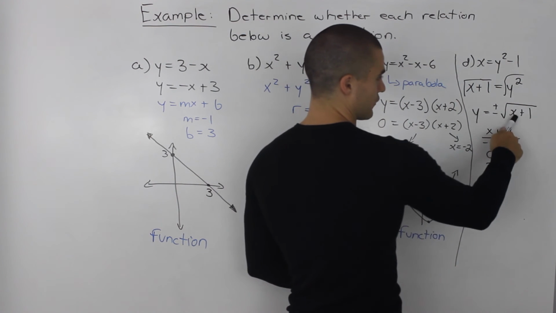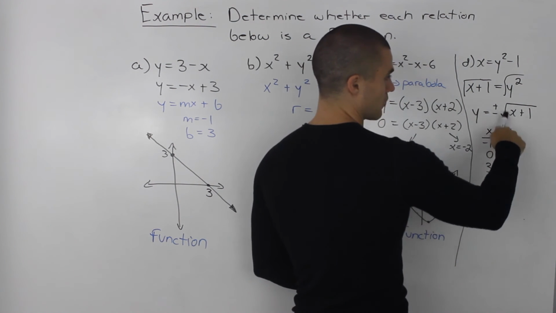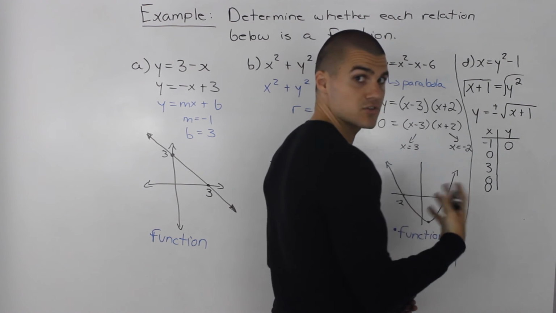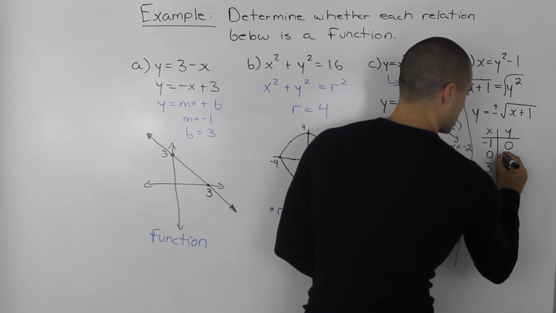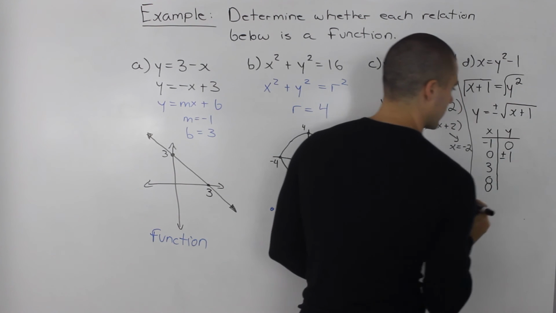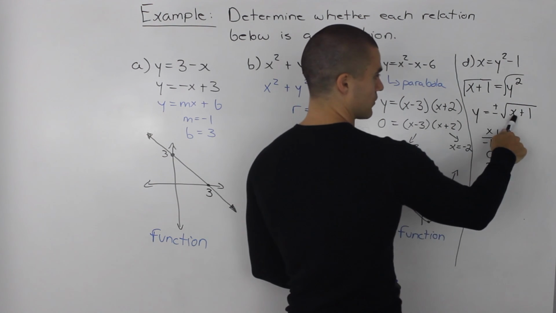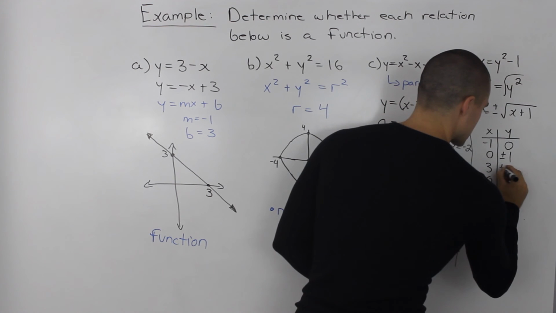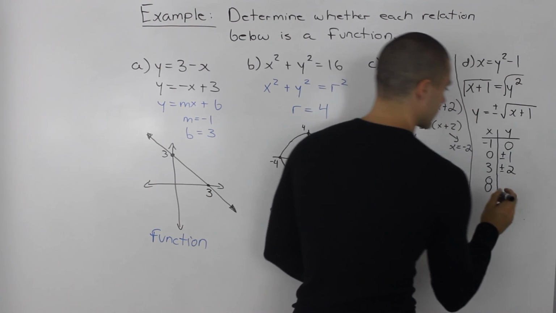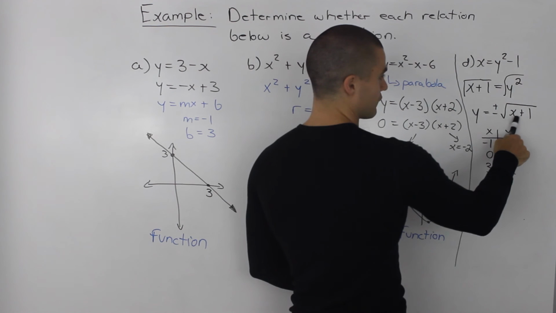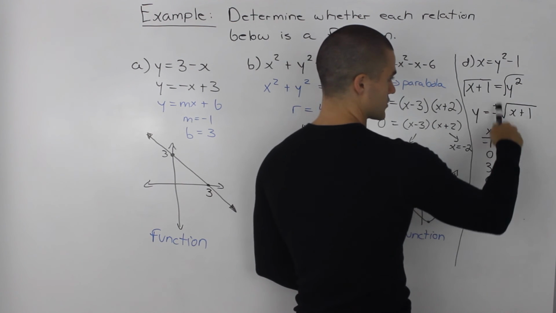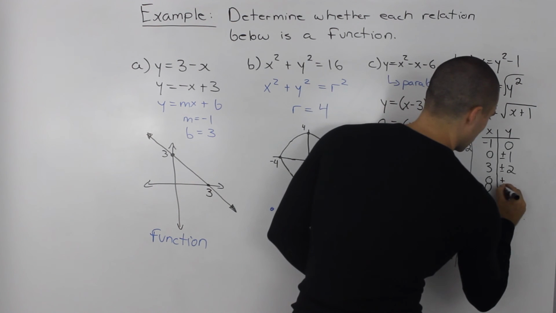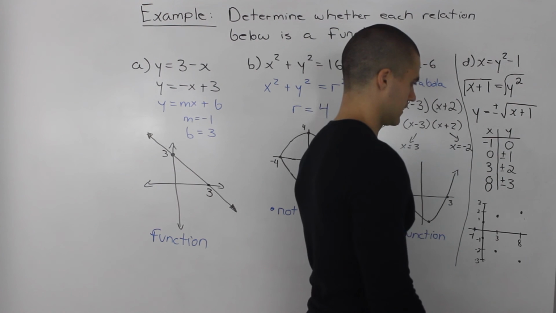If we plug in 0 for x, we would get 0 plus 1, the square root of 1 is plus or minus 1. So the y values here are plus or minus 1. If we plug in 3 for x, we would get 4, and the square root of 4 is plus or minus 2. And then if we plugged in 8 for x, 8 plus 1 is 9, the square root of 9 is plus or minus 3.